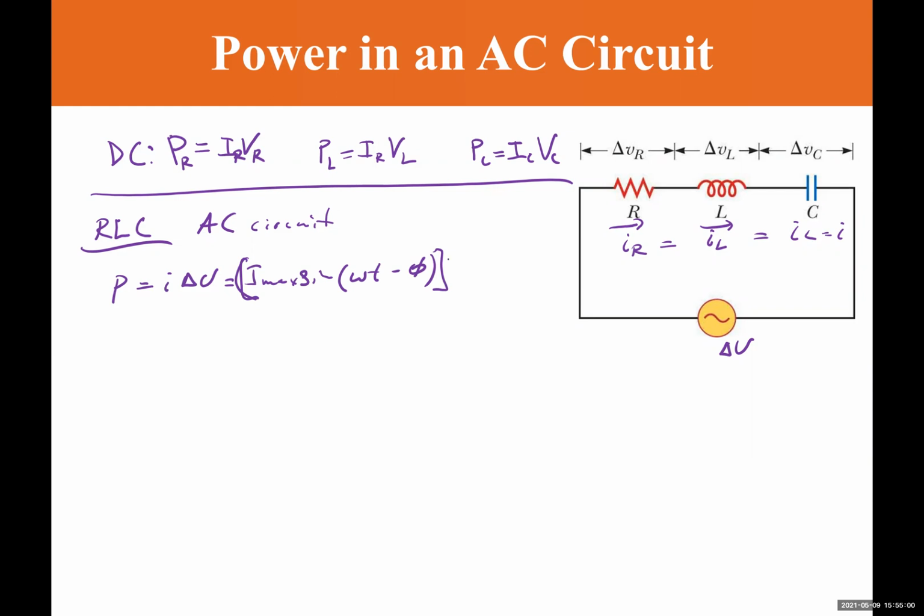Then times the voltage, which is delta V max times sine omega t. Remember, for the RLC circuit, the current here is out of phase with the voltage. So if I calculate this, I end up with P equal to I max sine of omega t, then sine of omega t minus phi.